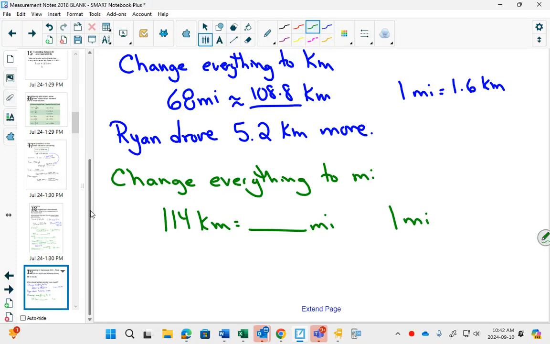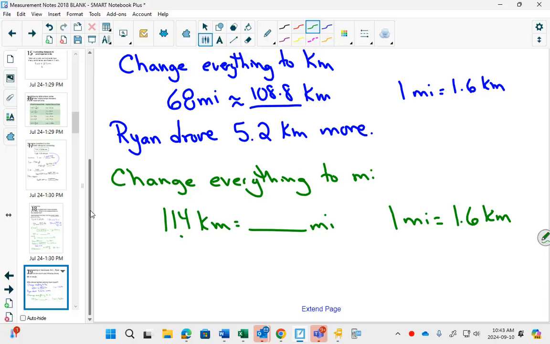And again, I know that 1 mile is 1.6 kilometers. So in this case, kilometers are always more, so I'm going to need to divide.